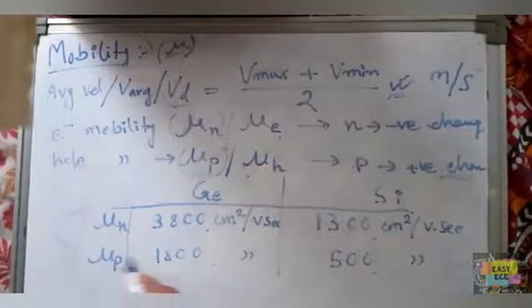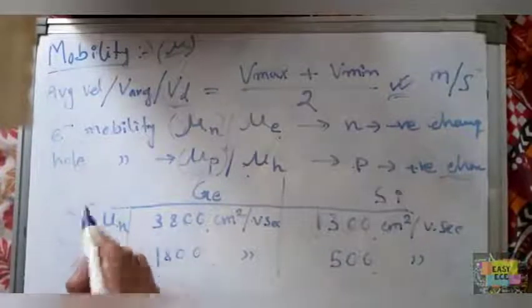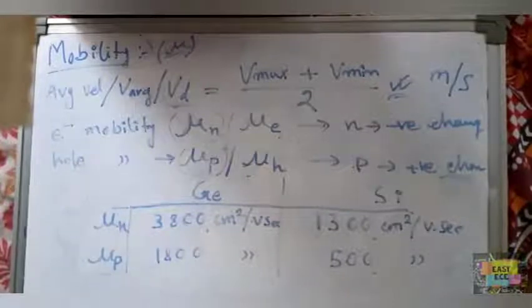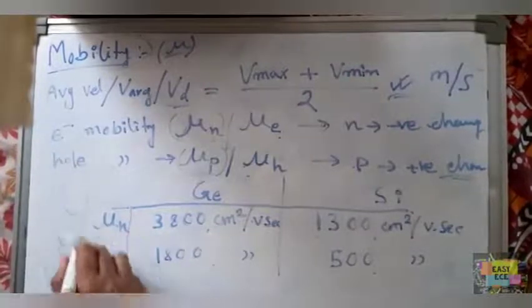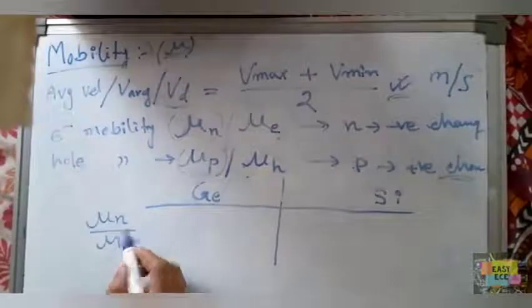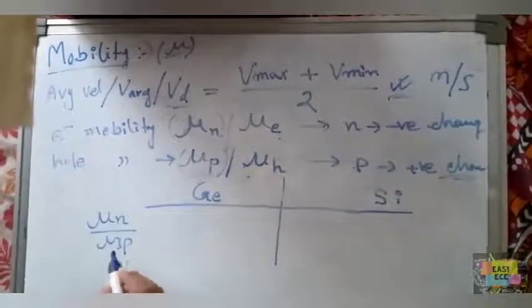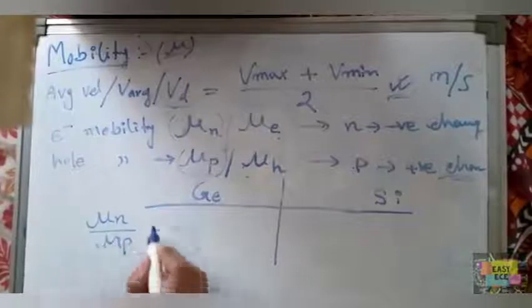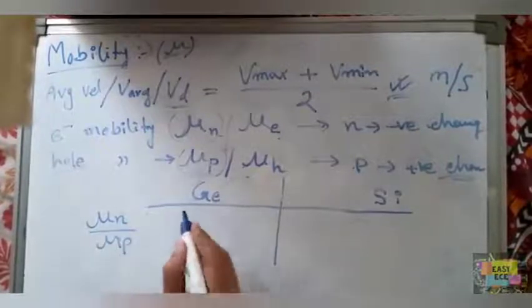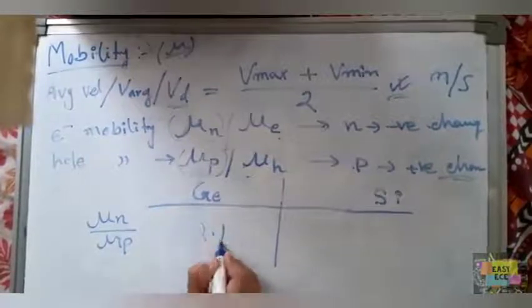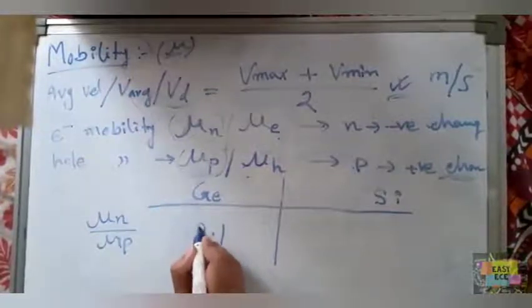You need to remember these four values for mathematical problems, because sometimes they are given and sometimes they are not given in the question. Another thing to remember is the ratio of electron mobility to hole mobility. For germanium, 3800 divided by 1800 gives 2.1.